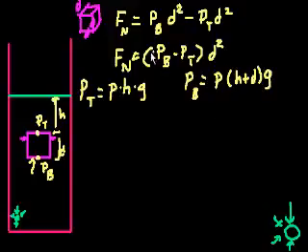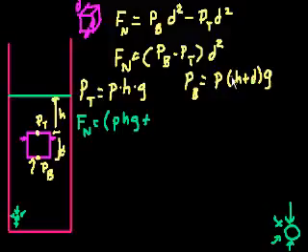All right, so let's just substitute both of those back into our net force. Let me switch colors to keep from getting monotonous. So I get the net force is equal to the pressure at the bottom, which is this. And let's just multiply it out. So we get rho times h times g, rho h g, plus d times rho times g, d rho g.